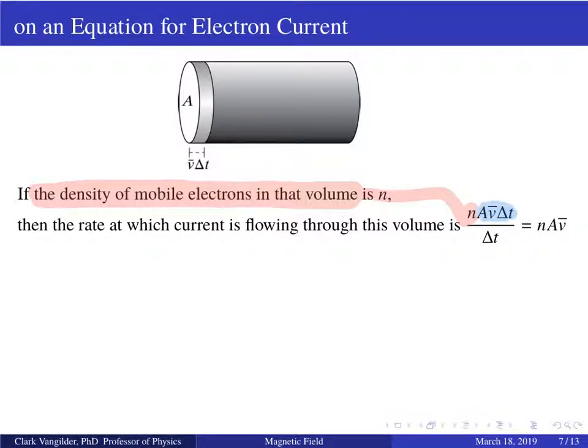Here's the volume, and then our rate. That's where that t comes in. So we're just building our formula here. And we come up with this: the density of the mobile electrons, the drift speed, and the cross-sectional area for that flow.